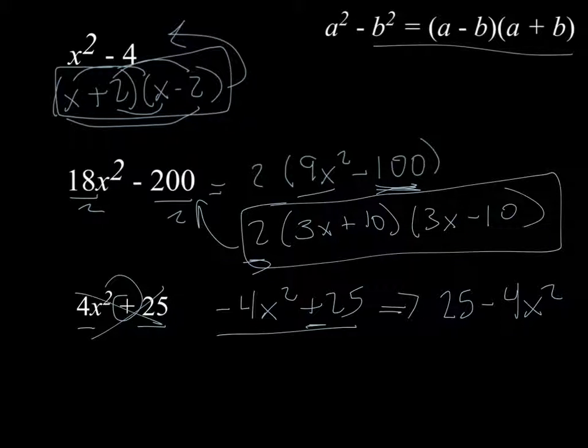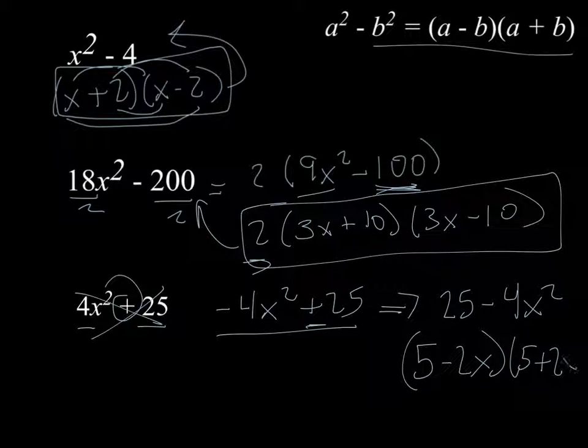Writing it like that means this could be factored to 5 minus 2x, 5 plus 2x. And if you FOIL it, you'll see it'll go right back to this expression here. So don't discount it if there's two terms and they are both perfect squares, but the middle part is a plus. Don't discount it immediately. If this is a negative, you can change the order and factor it.